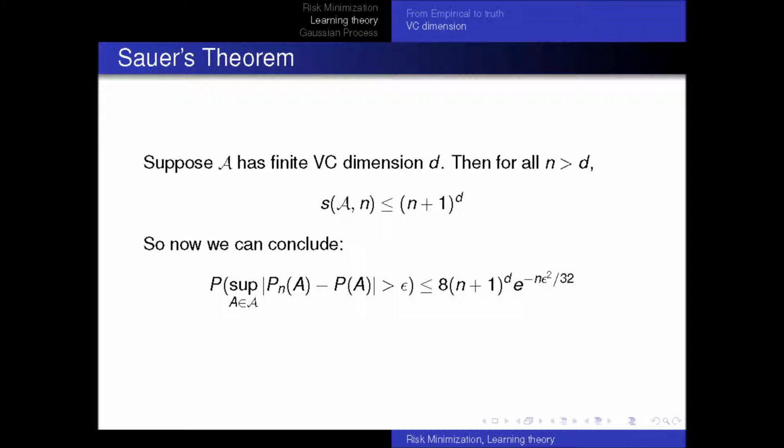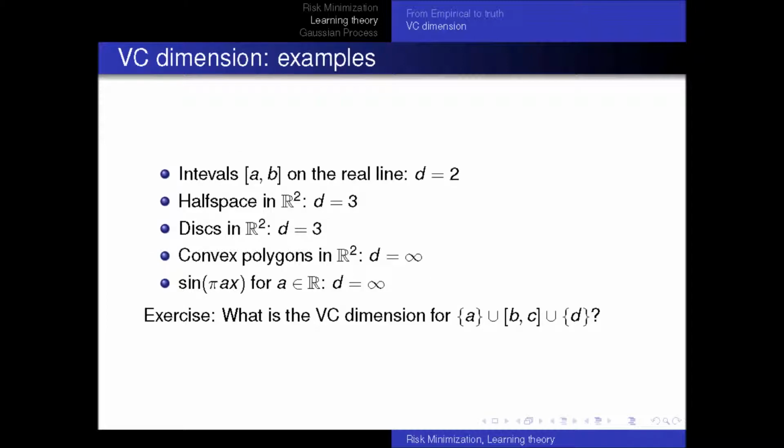For 0 points, if no points can be picked out, it can be anything. You just put these intervals anywhere else. And for 1 point, if you want that point, then you use 1 minus 1.